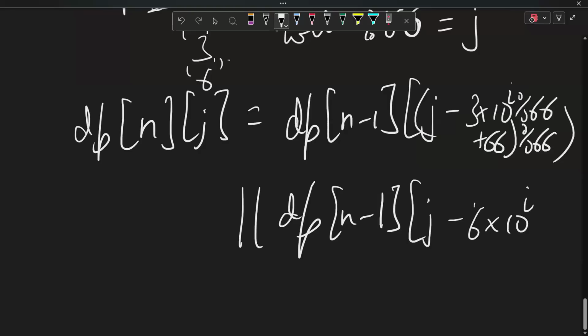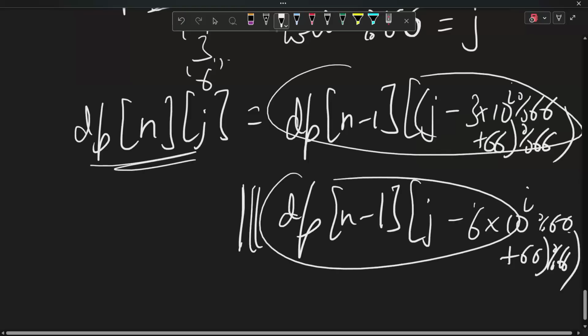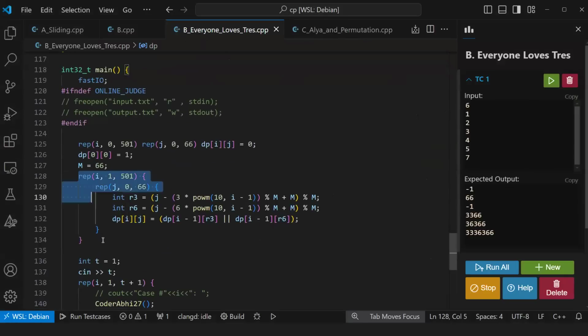Here I would just use 6 into 10 to the power i, modulo 66, plus 66, mod 66. So this was just my DP state, this or this. This way I found whether I can form a number of size n with modulo 66 equal to j or not. After this, I just pre-computed that for all the 500 values of n.